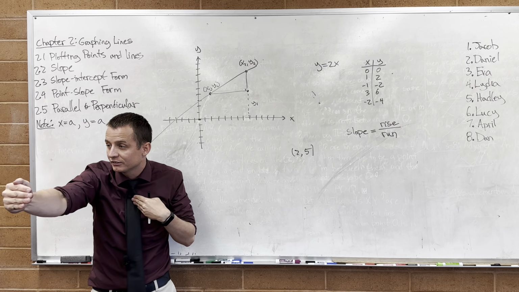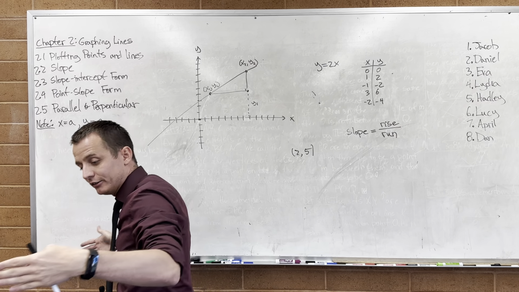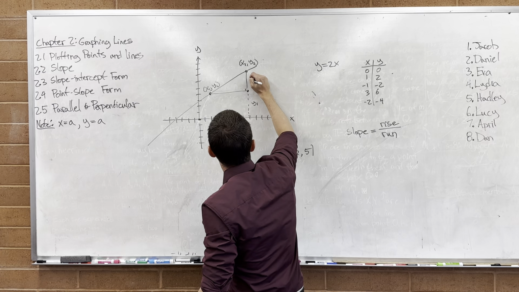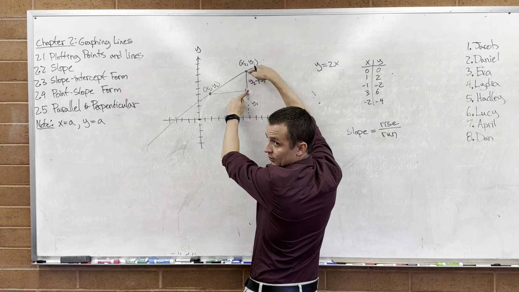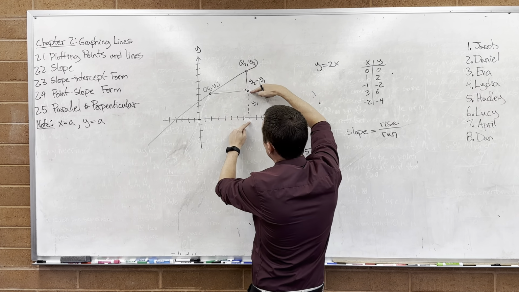You did the total distance minus the distance between me and the laptop gives you the distance between Dan and the laptop. Same concept. Total distance minus this distance leaves you with this distance. So it's y2 minus y1 is this portion. This is y1. This whole thing is y2. So this portion is y2 minus y1. All right.